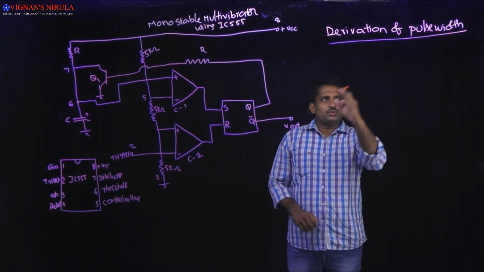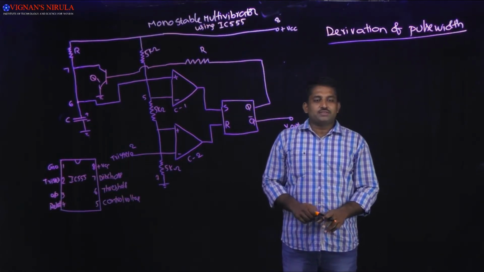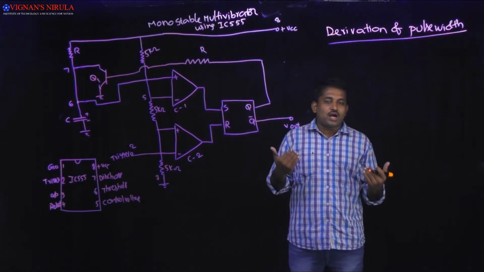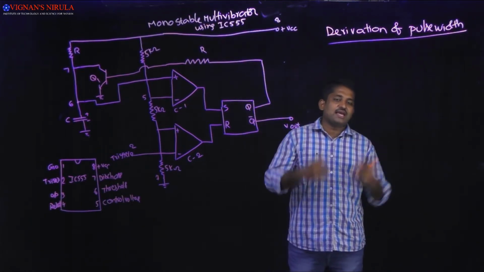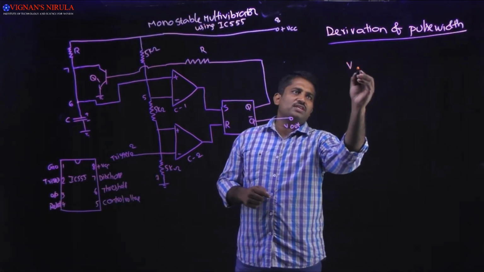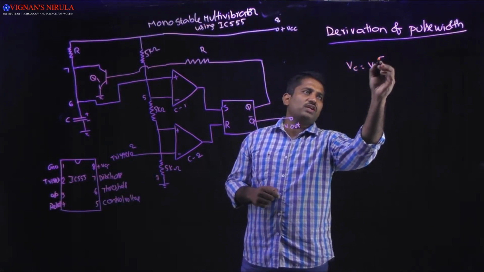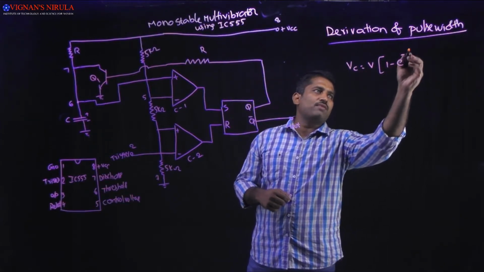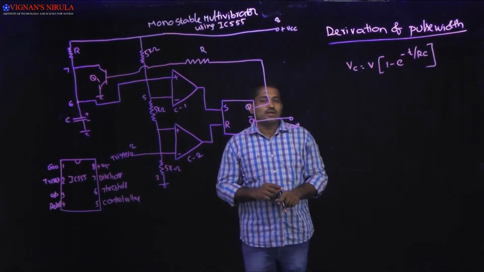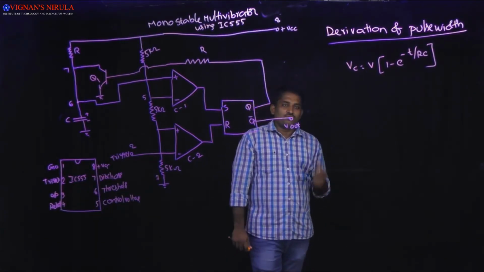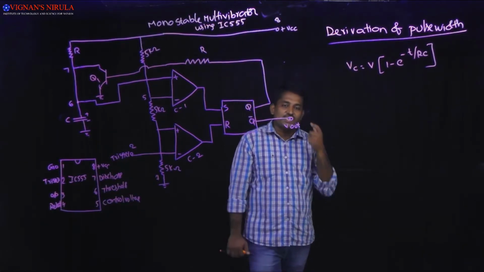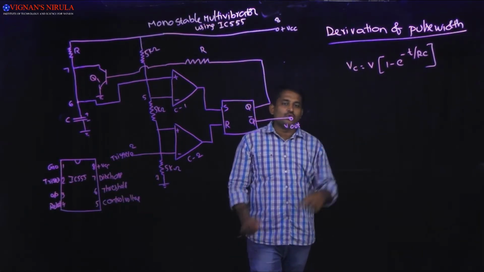Now I am going to derive the pulse width. The voltage across the capacitor always increases exponentially. So what is the expression for that? Vc is equal to V into (1 minus e power minus t divided by RC). Now if Vc is 2 by 3 VCC, that means the capacitor charges to 2 by 3 VCC.